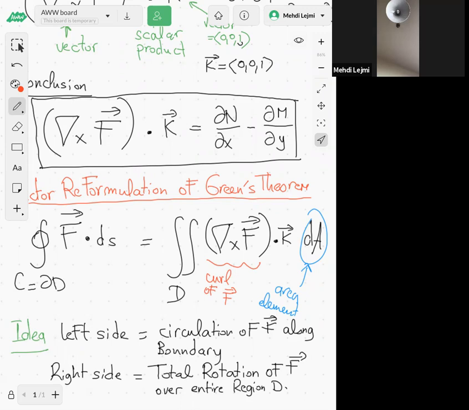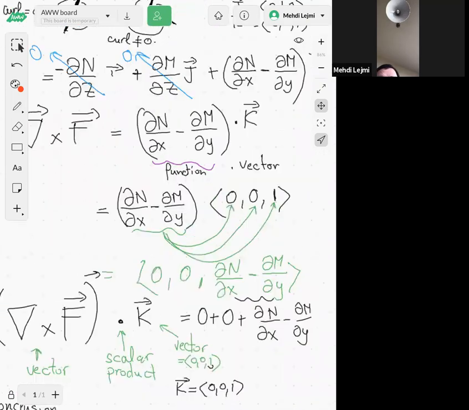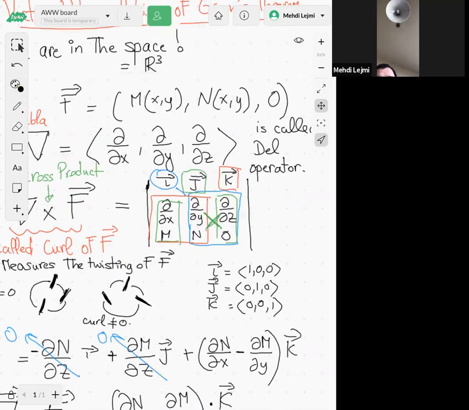Why am I doing this reformulation of Green's theorem? Because we're going to generalize it. Your vector field F here has only M, N, and 0, you remember capital F here? Well, we are in the space. So what we're going to do next in Stokes' theorem is generalize this reformulation to the space.